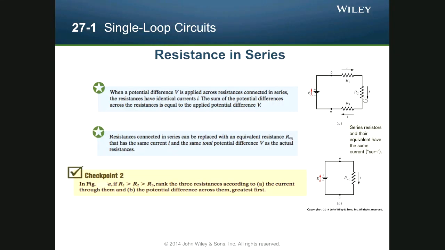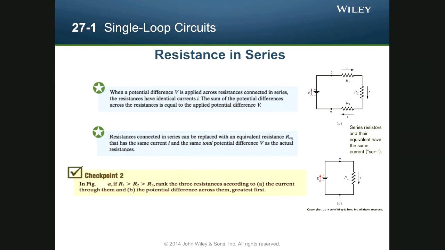So if you look here, you have the same current on each part. So the sum of the potential differences across the resistances is equal to the potential across the EMF.